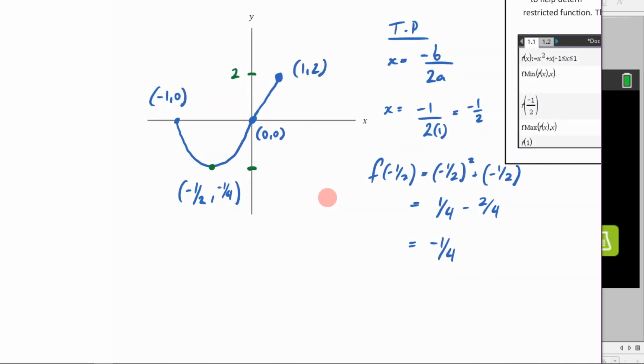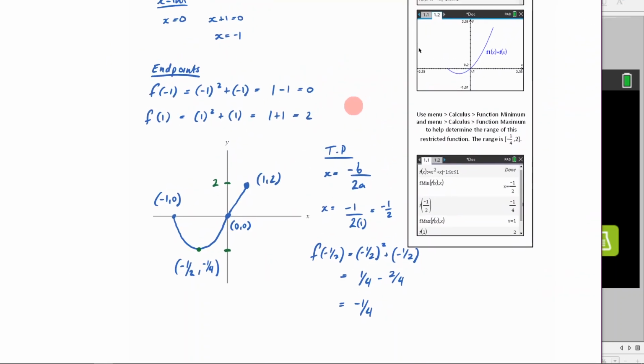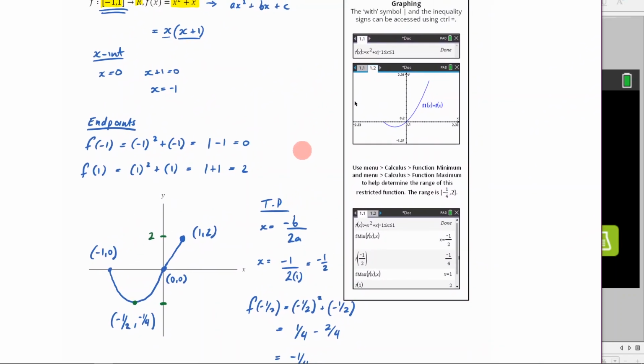Perfect. So that means my range goes from negative 1 on 4 all the way up to 2. It's all a bit of a mess here, but there is some logic to it: you can see my x-intercepts, you can see my endpoints, you can see my turning point.